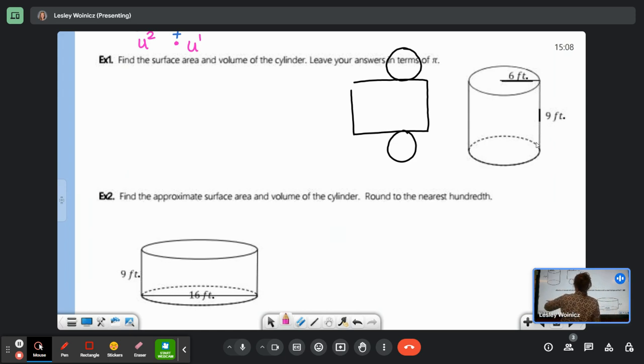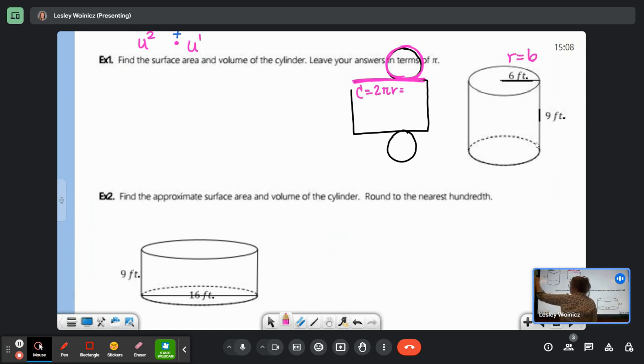All right, let's start with the lateral area. What is this length? Remember, it has to go around the circle. So what is the circumference of this circle? What's our radius?